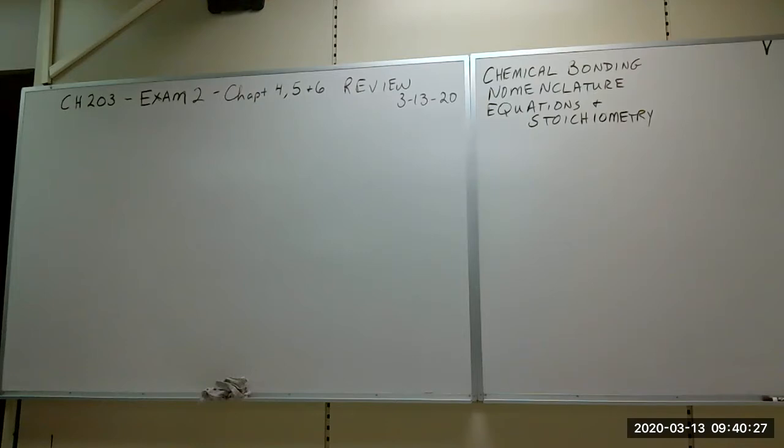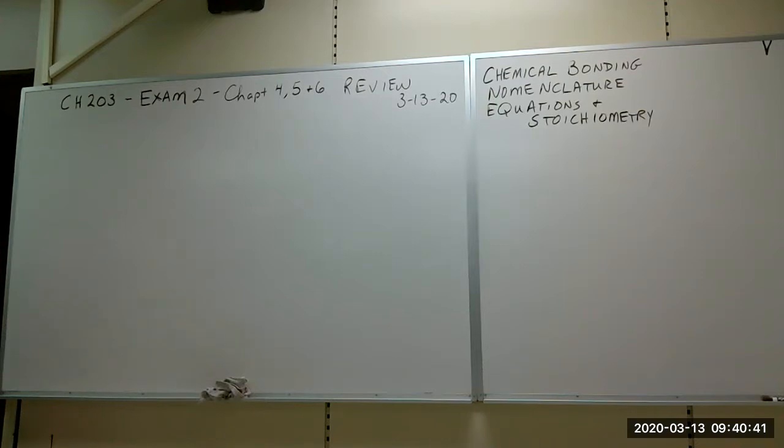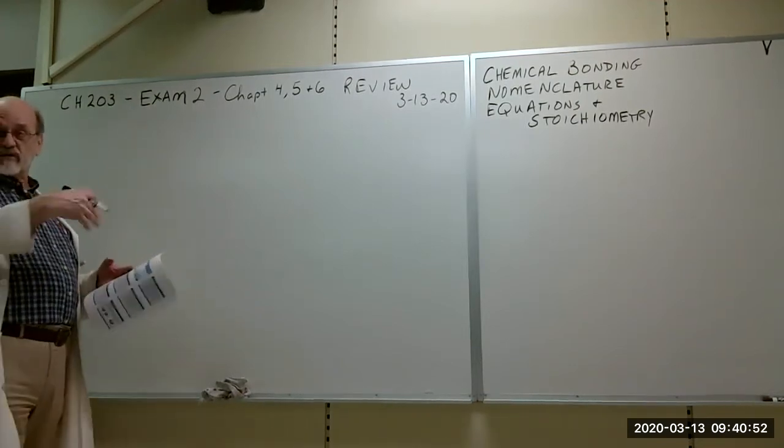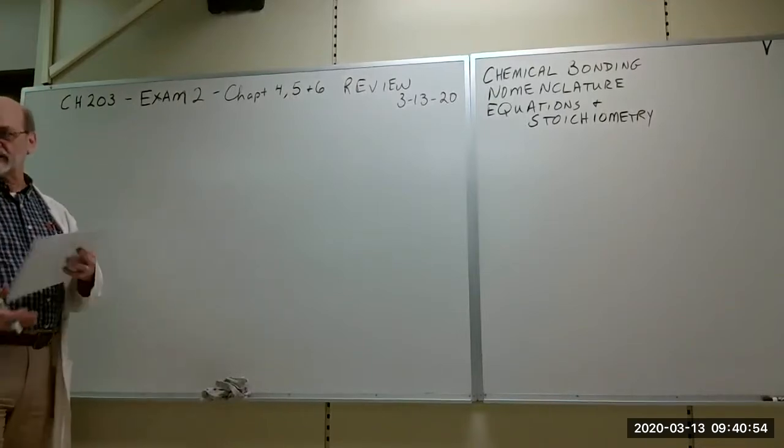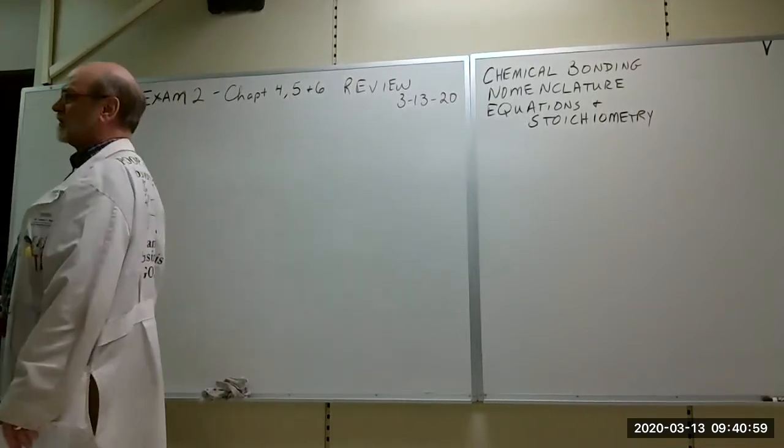Remember the trends for electronegativity? Electronegativity increases from lower left to upper right. And the farther apart the cation and the anion are, the more ionic character they have. But even when you have 2 nonmetals together, you can still have some polarity. In other words, the electron density can be favored toward one more than the other. And that gives you a slight difference in charge, see, for example.